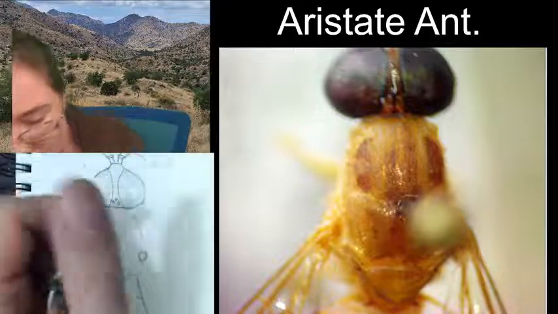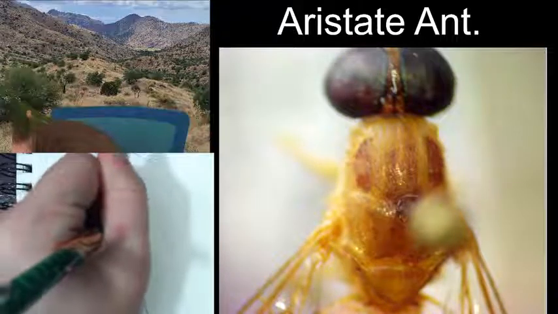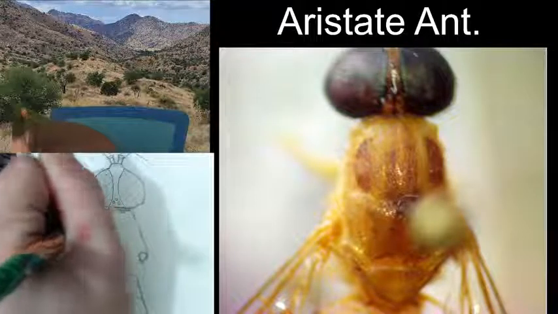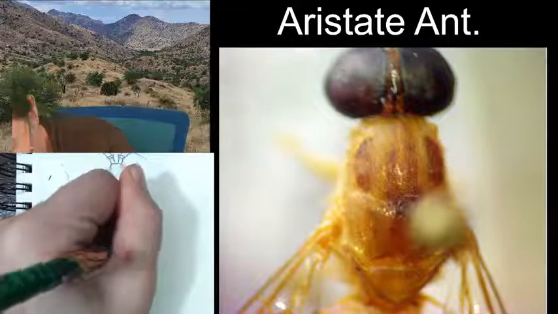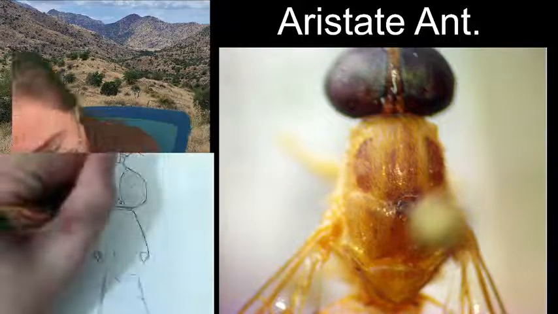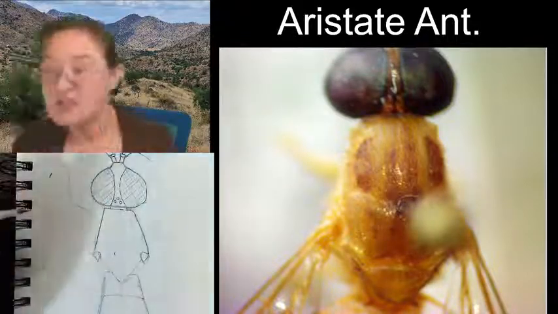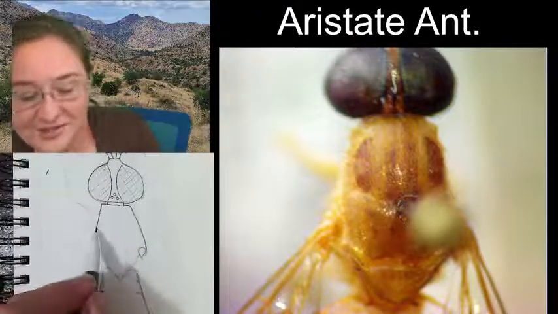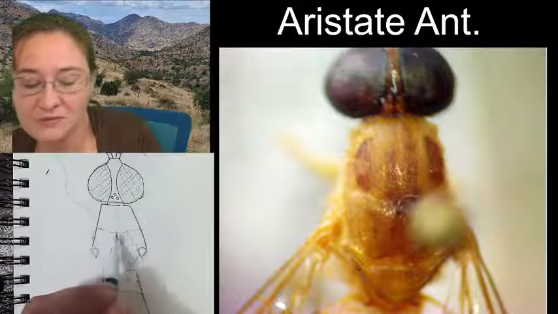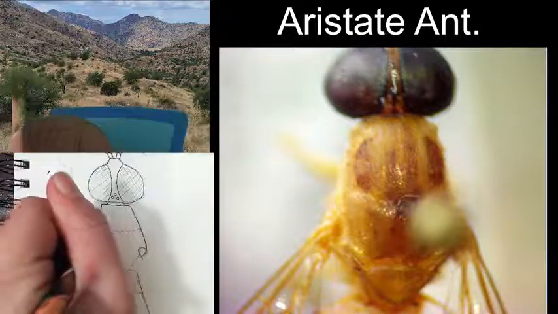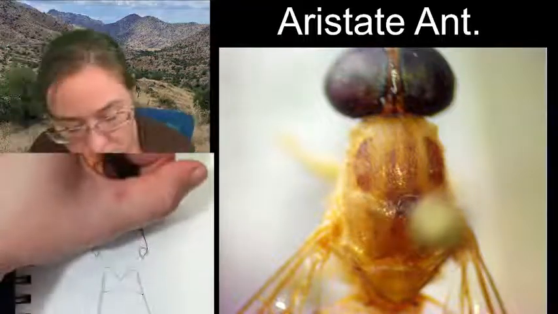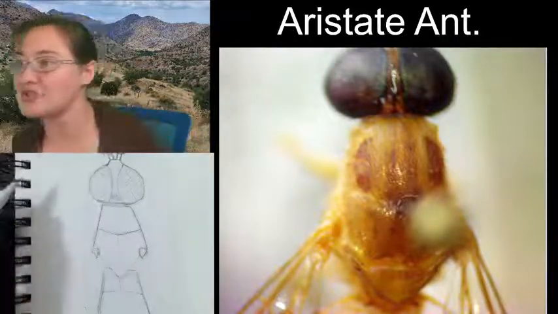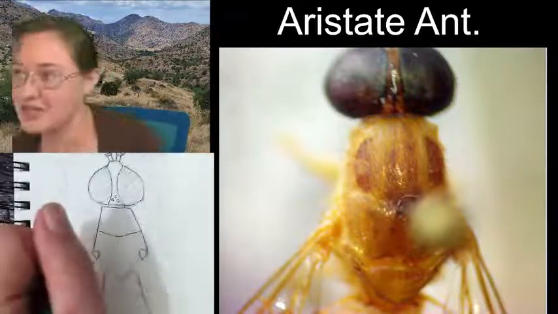So we've got that little bit of a neck, and then our thorax moves down. We have this segment that kind of comes across right about here. And keep in mind, we've got our center line, so we can use that in our sketches.